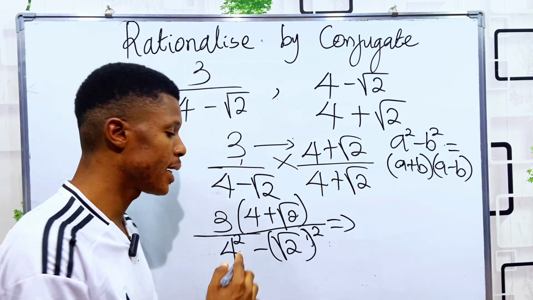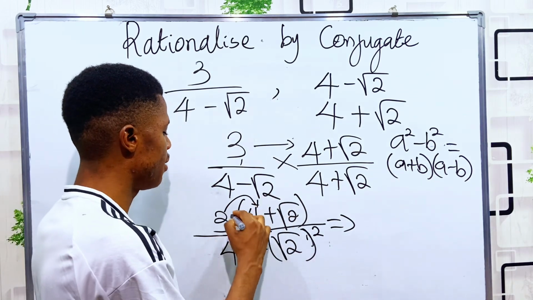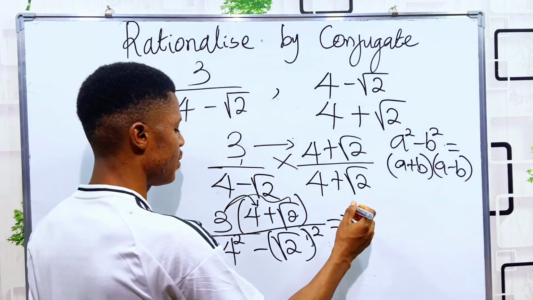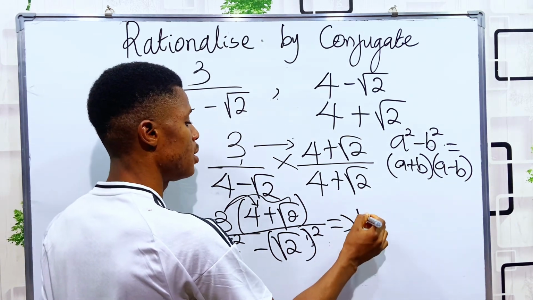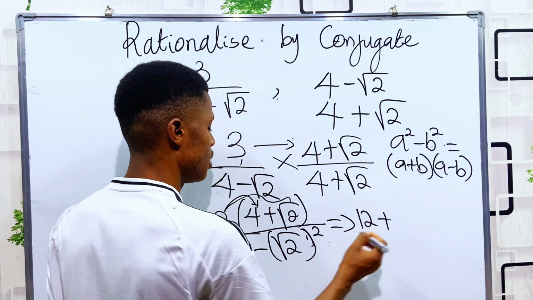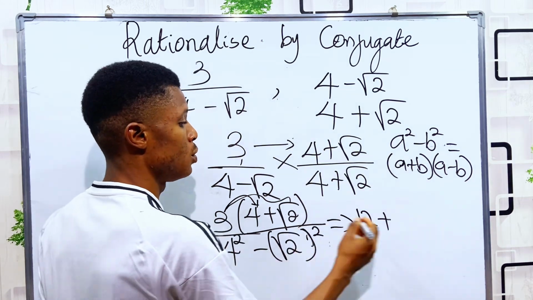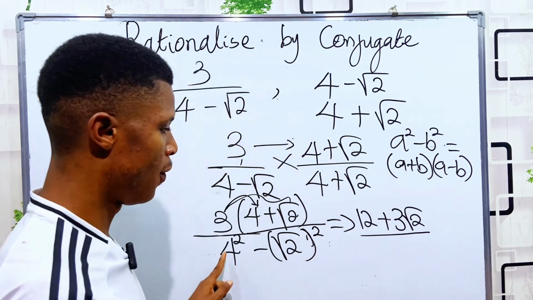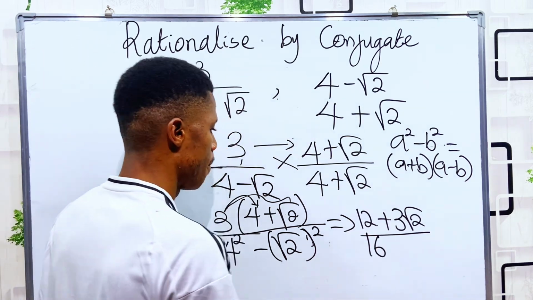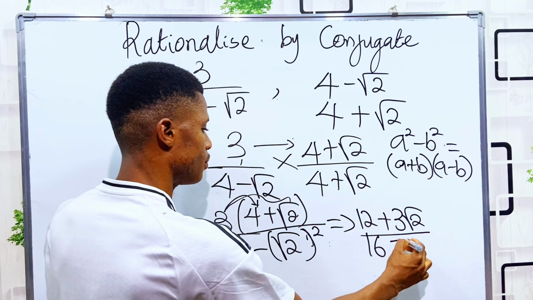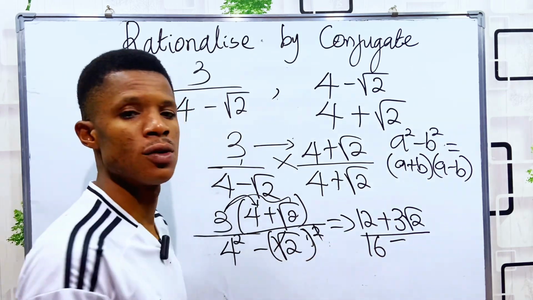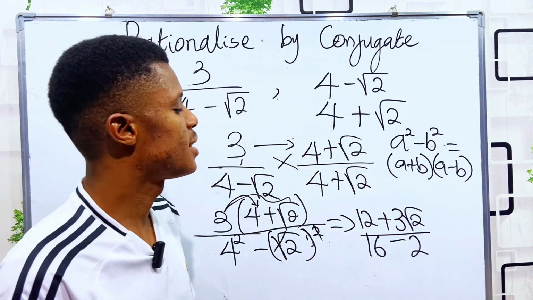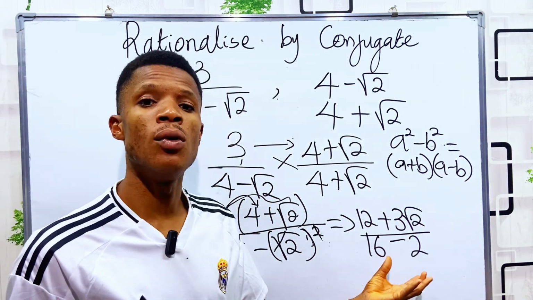To open the bracket, we use this 3 to multiply everything in the bracket. So 3 times 4 is 12, plus 3 times root 2 is 3 root 2, divided by 4 squared, which is 16, minus, this square root will be cancelled by this square, so I have minus 2.